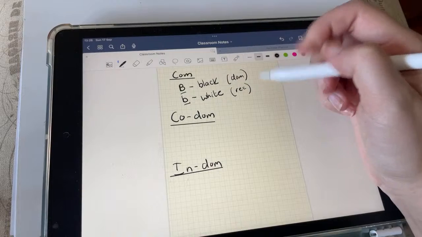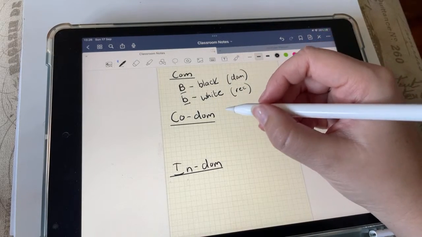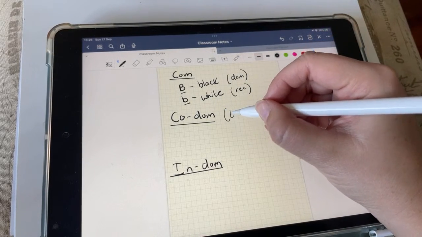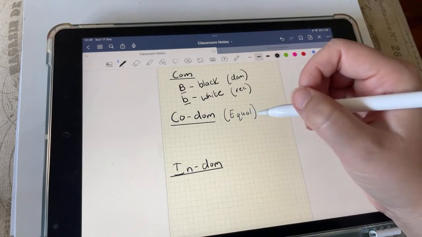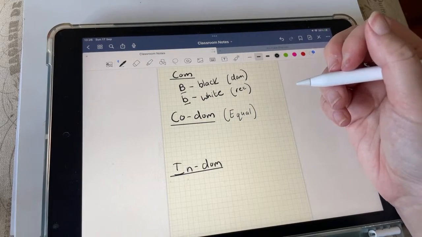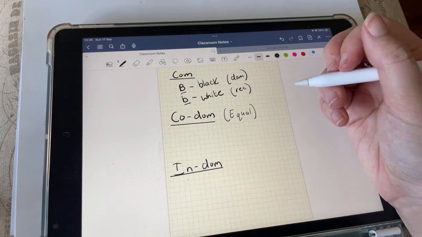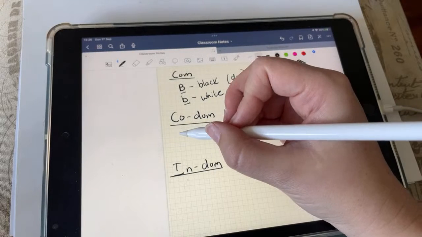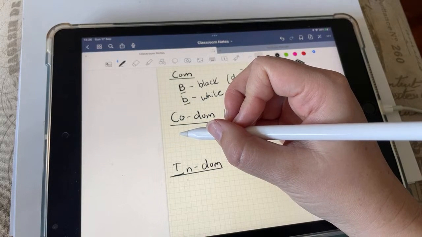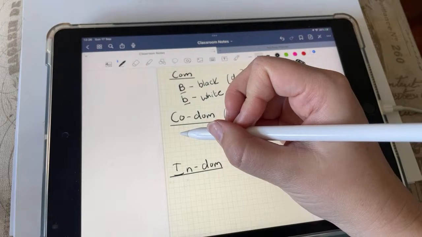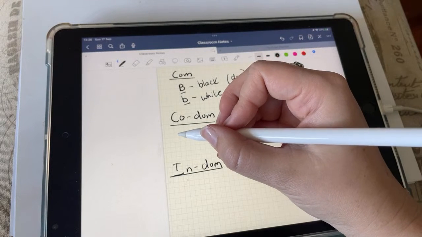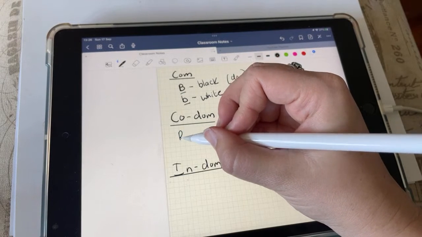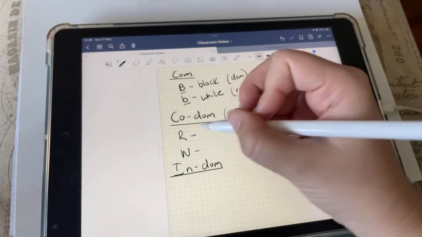Co-dominance is when you have equal, I'm just going to put here as a little reminder, this is when characteristics are equally dominant. And so an example of this and how we annotate co-dominance is, let's do a classic one like red and white.